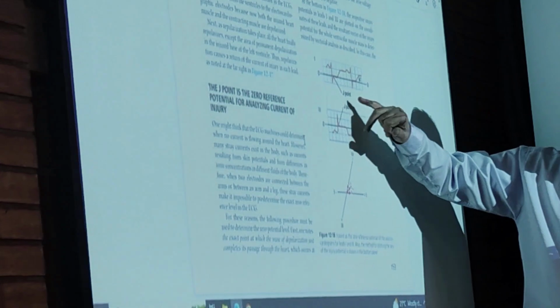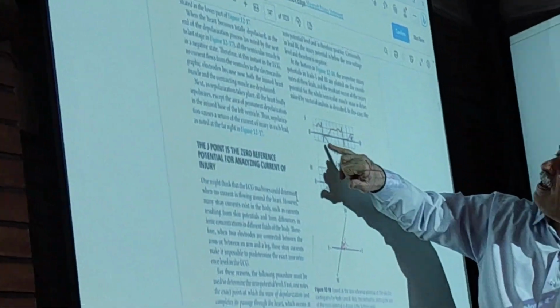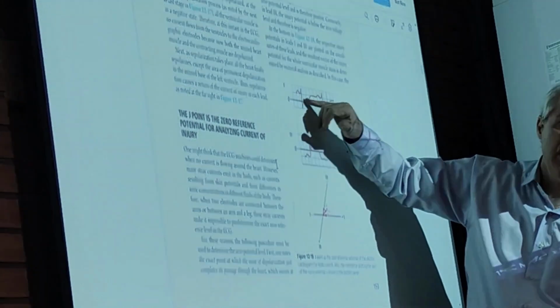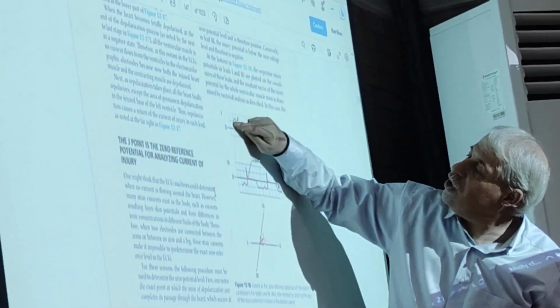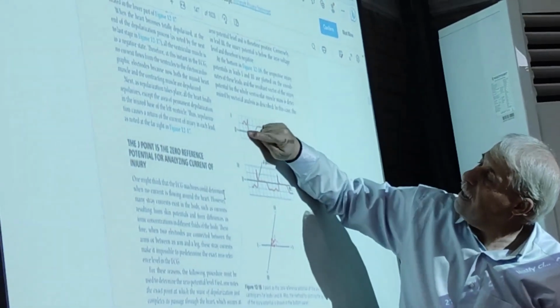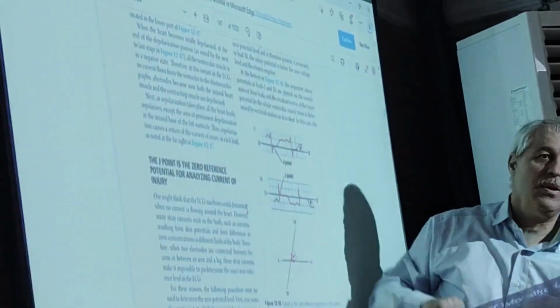Now take a look at the ECG trace in limb lead 1. Make a perpendicular line here. At the end of S, you will have the TP segment. Make a perpendicular line. Part of the ECG trace here in this lead is above the TP line.